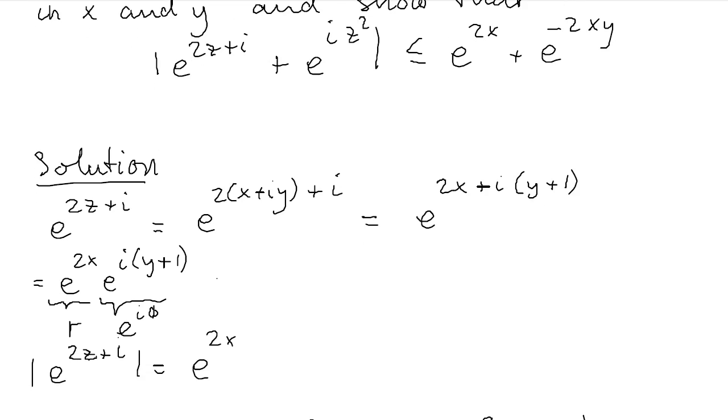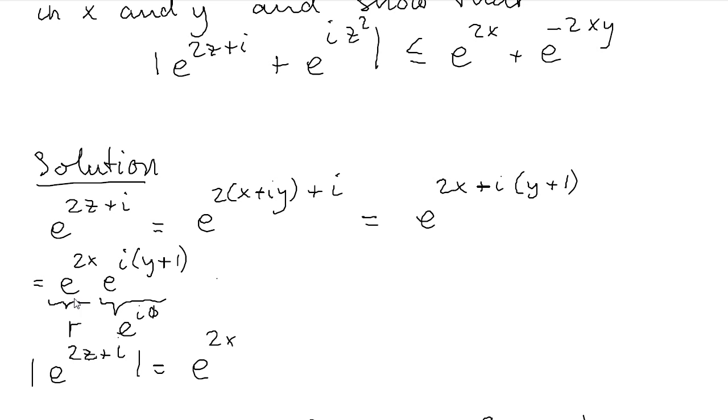In order to do this, we just do as above. We replace z by x plus iy, and it's rather easy to see that this reduces to this.